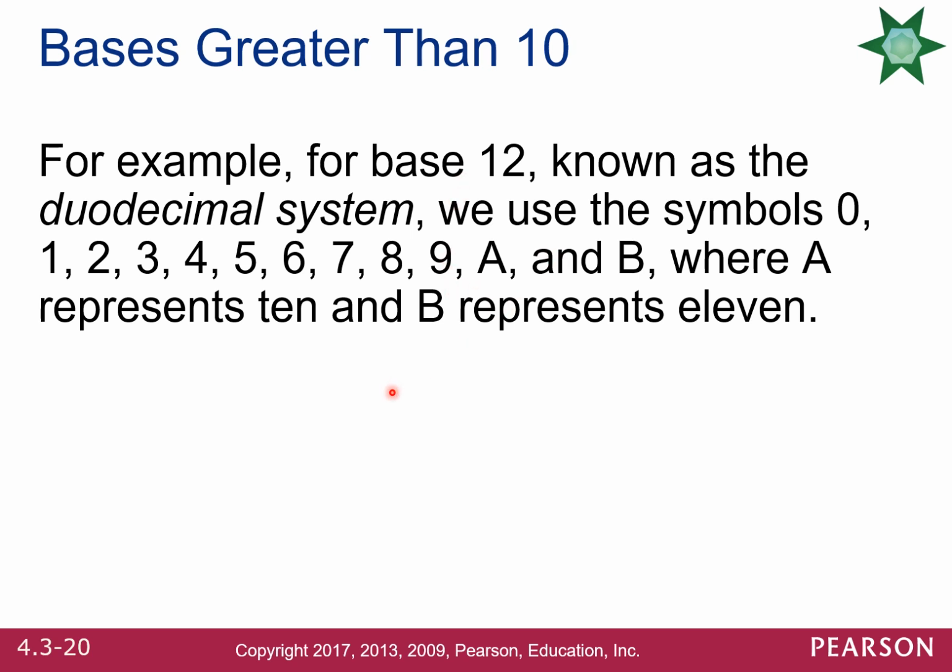Now the symbols in any number system, the numerals, will start from 0 and we'll go up to a value which is 1 less than whatever the base is. So in this case, for base 12, we will have 0, 1, 2, 3, 4, 5, 6, 7, 8, 9, and then we go up to 10 and 11.